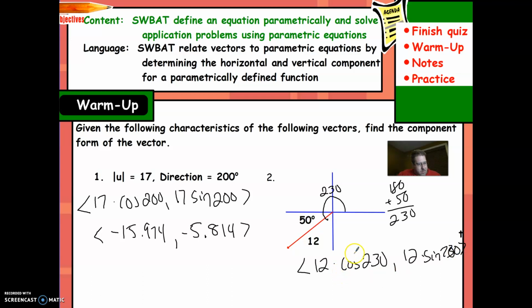Put that in my calculator: 12 times cosine of 230 gives me negative 7.713, and 12 times sine of 230 is going to give me about negative 9.193.